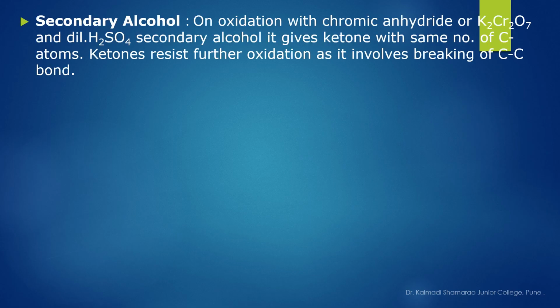Oxidation reactions of secondary alcohol. Secondary alcohol on oxidation with chromic anhydride or potassium dichromate and dilute sulphuric acid gives a ketone with the same number of carbon atoms.